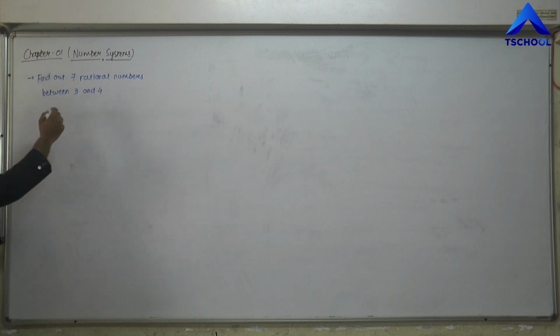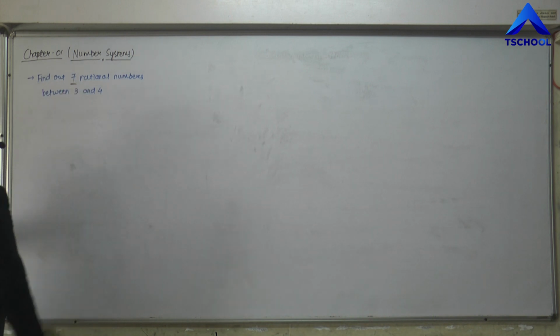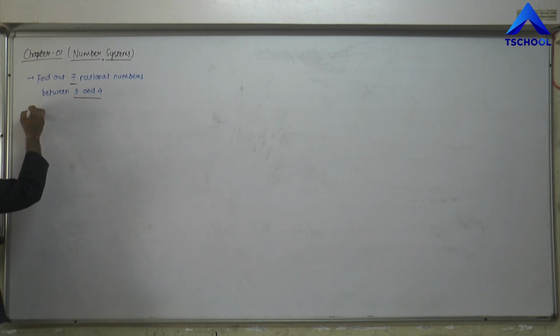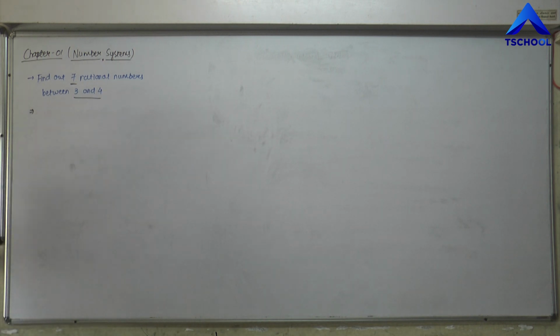Okay, so what we are asked to do is find 7 rational numbers between 3 and 4. So let us go by the second method itself.